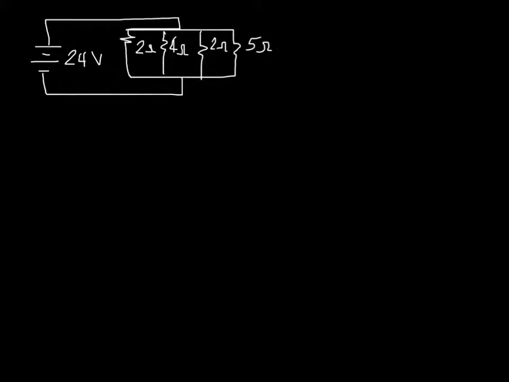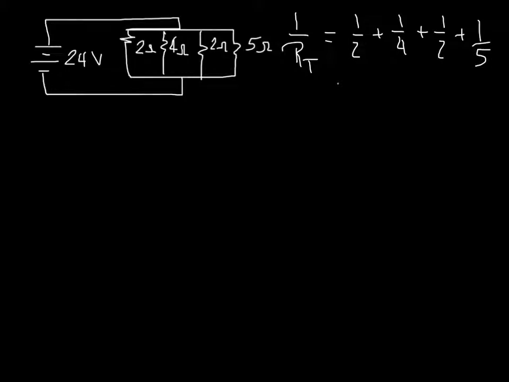So we now have a 24 volt battery, and we have a total of 4 resistors. A 2 ohm, a 4 ohm, a 2 ohm, and a 5 ohm. The first thing we have to do is find the equivalent resistance. So the total resistance of that circuit. So 1 over total resistance is equal to 1 over 2 plus 1 over 4 plus 1 over 2 plus 1 over 5.